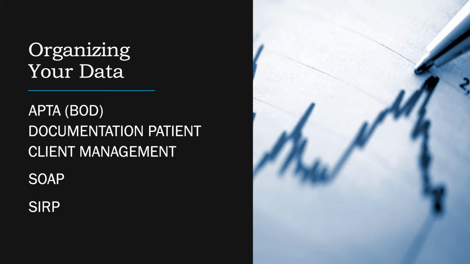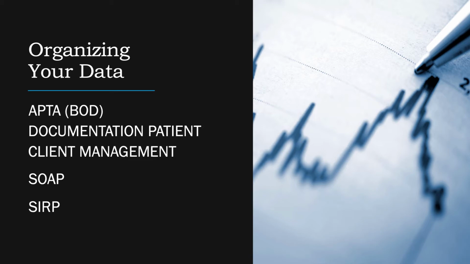So it's not as important which framework you use as it is to actually use one and use it effectively. So even if you're in an EMR that requires certain entries, you should always be thinking through a framework that makes sure you're including all of the pertinent information.